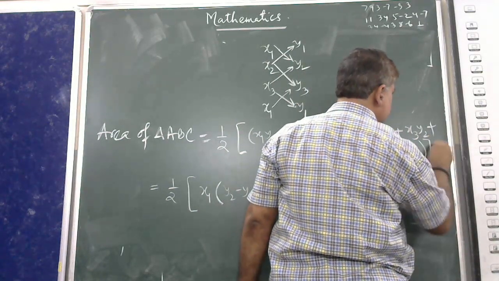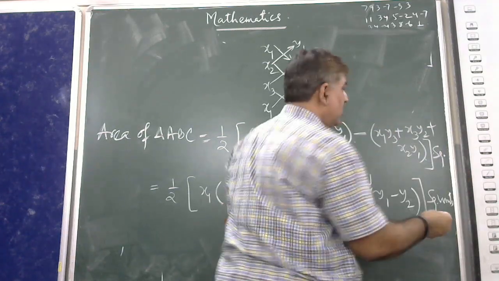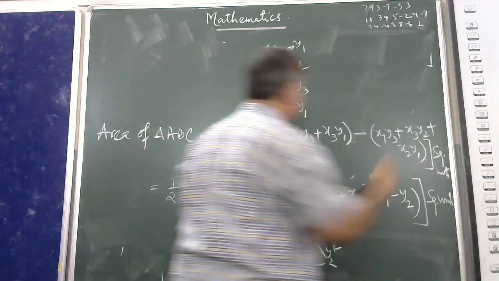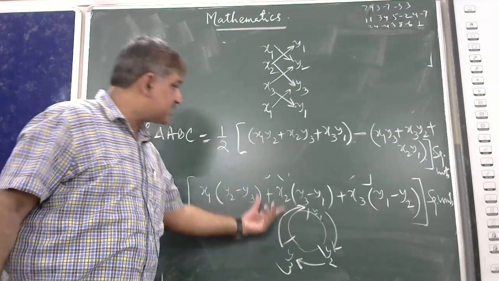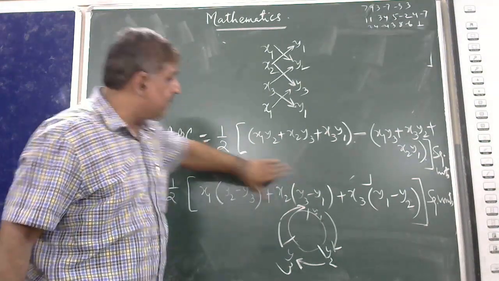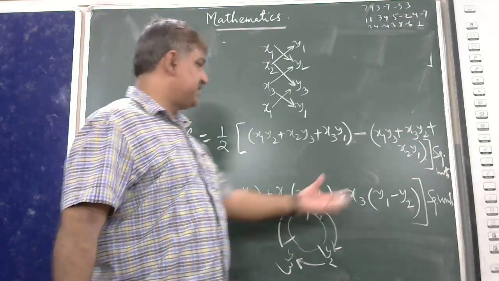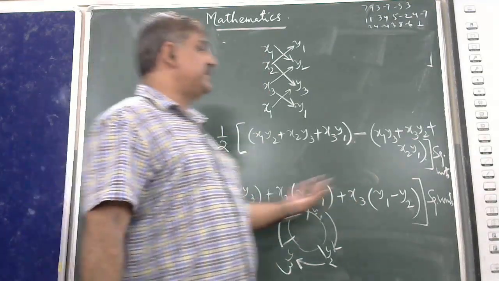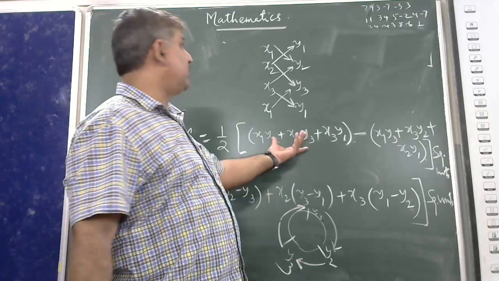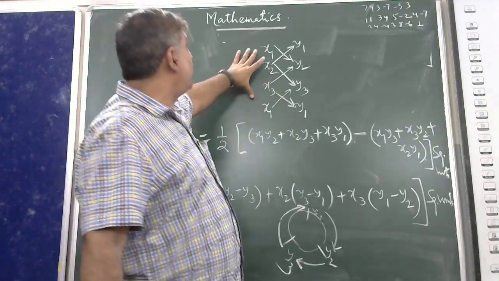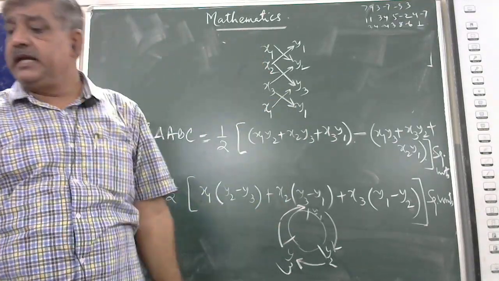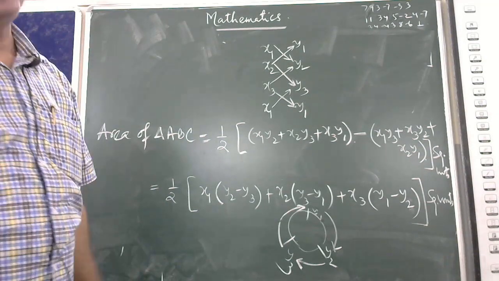Because we are finding square units. You will find that this formula and this formula are both the same. If you open this bracket and arrange the terms, positive terms in one bracket and negative terms in another bracket, you will get this formula. So this is one more easier way to apply the area formula directly.